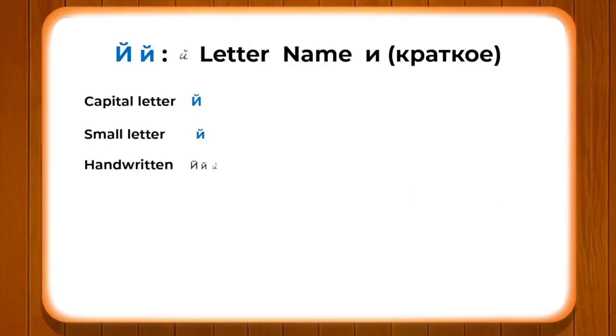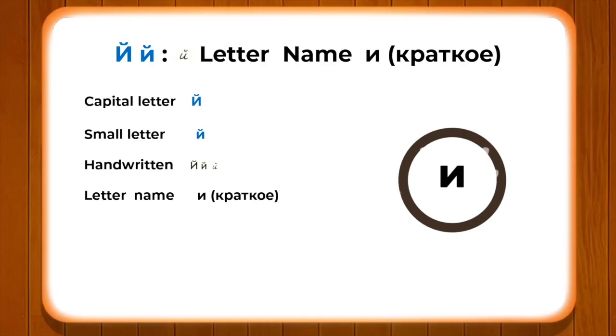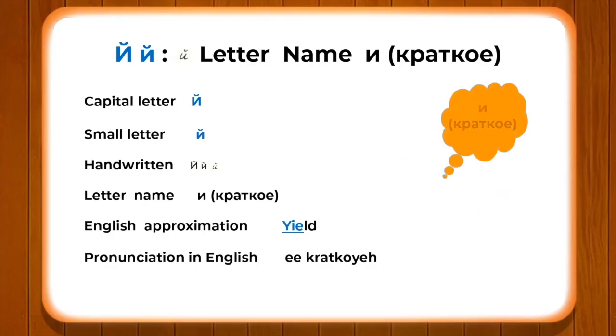Alright, now let's go to the next letter. The next letter is i kratkoe, or the short i. The English approximation which we have used is the word yield. You can have a very slight idea about how this particular sound can be pronounced in the English word yield.